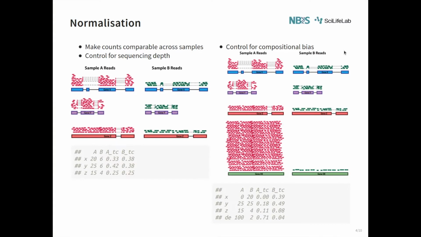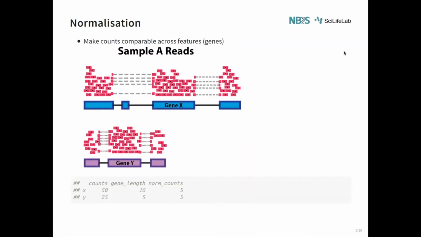So that is sequencing depth and compositional bias, and the next thing is controlling for gene length. Usually you don't need to do this because you're comparing one gene in one sample to the same gene in the other sample. In that case, it doesn't matter whether you control for the length of the gene, because you're never comparing one gene to another gene.